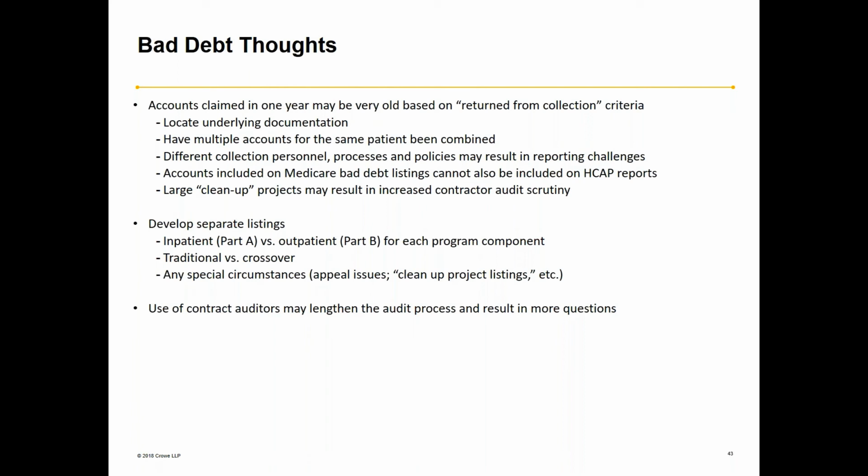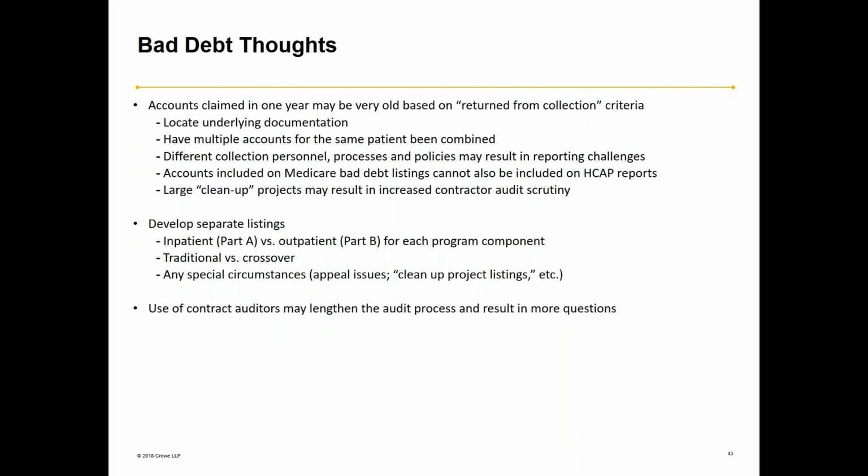Outpatient should have a different tab for traditional, a different tab for crossover, the Medicaid eligibles, and a different tab for your charity care bad debts, because what you want to have happen is that each one of those different buckets are audited separately.